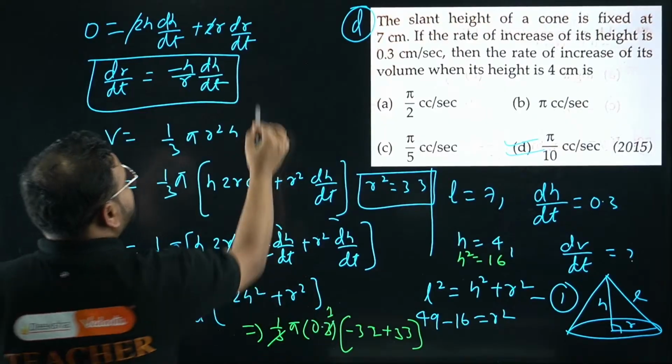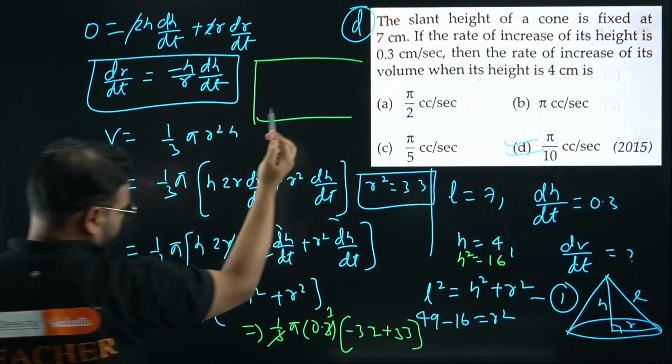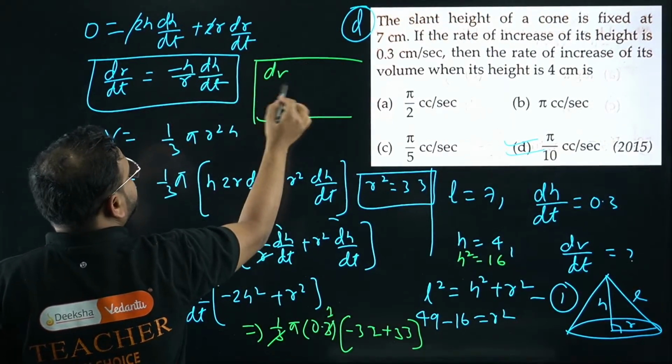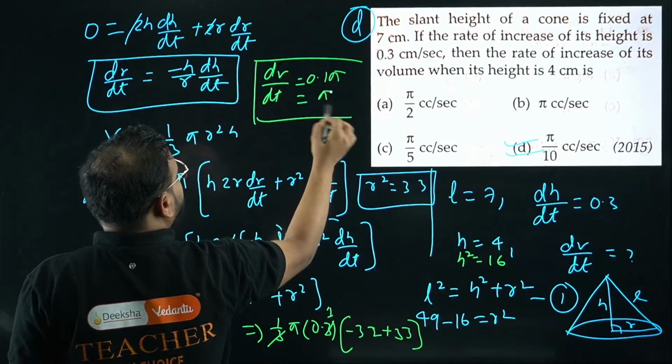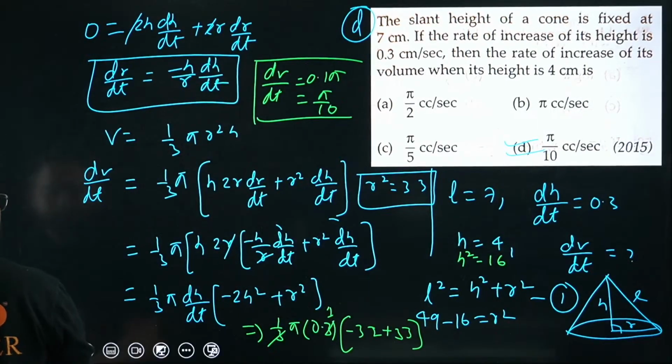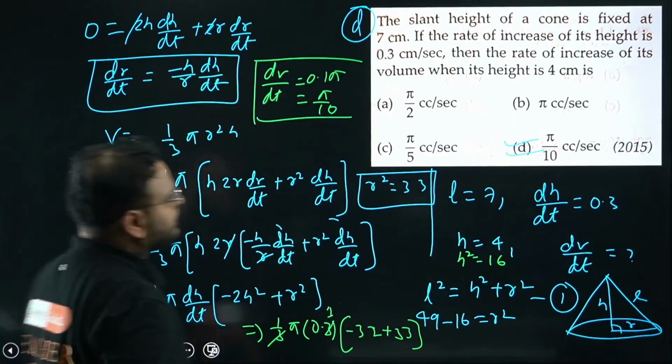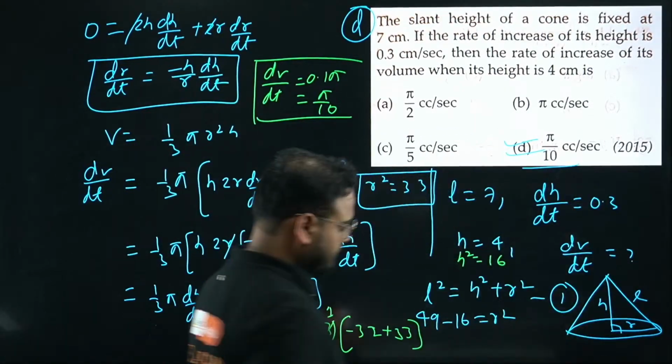The final answer: I'm getting dV by dt as 0.1 pi, that is pi by 10. Have a look. Clear. Okay.